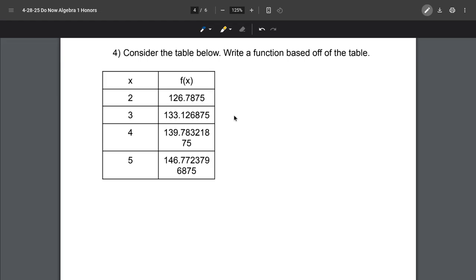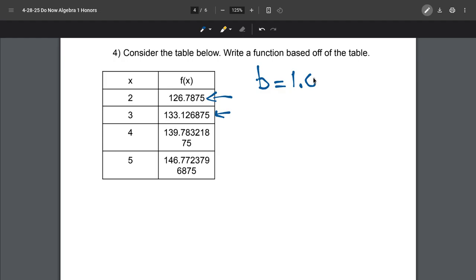We can take this 133 and divide it by 126. So if we do that, 133.126875 divided by 126.7875, and we get 1.05 as our b value here.